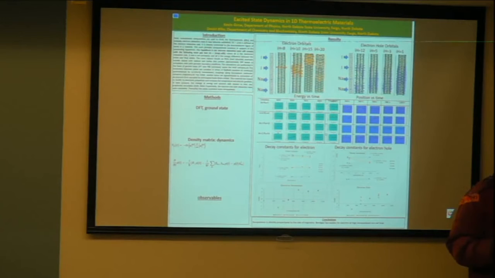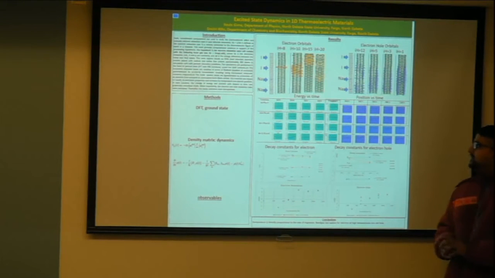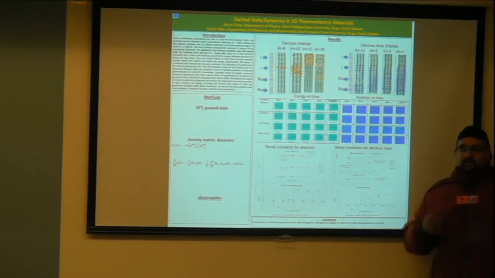Okay, good. What about the solid and dashed lines on your blue figures? What do they mean? The dashed line is the expectation value of the electron position. Good. The solid line is the expectation value of the electron hole.